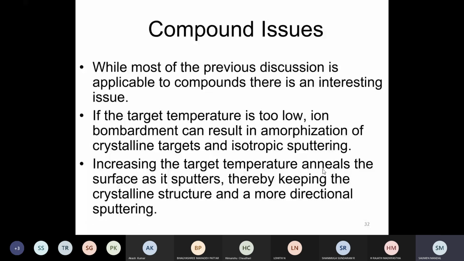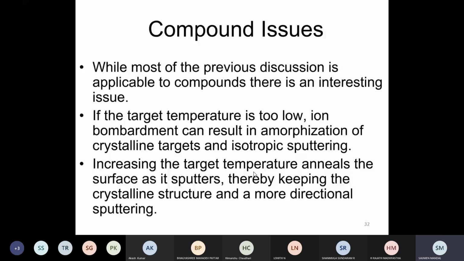Why is it happening? Temperature means the target atom will acquire some energy. So when it comes from the target to the substrate, it will have sufficient energy, so it will rearrange and form the crystalline structure on that substrate.